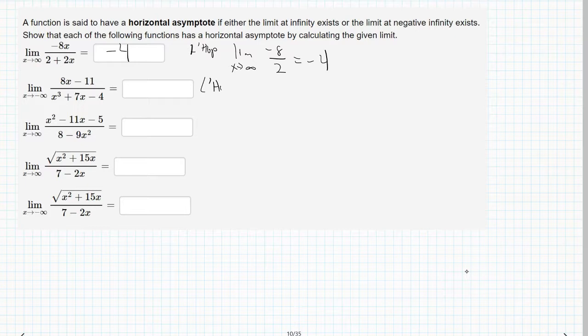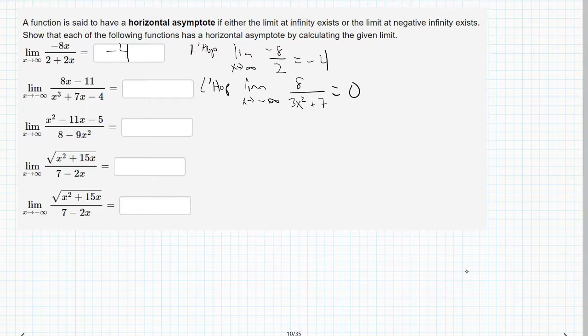We're going to use L'Hopital's rule, and so we get limit as x approaches infinity or negative infinity of the 8 up top, and then notice we have a 3x squared plus 7 down below, so that's going to make 0 as x goes towards negative infinity.